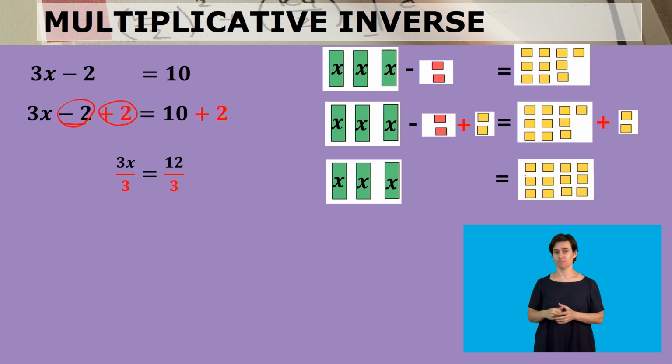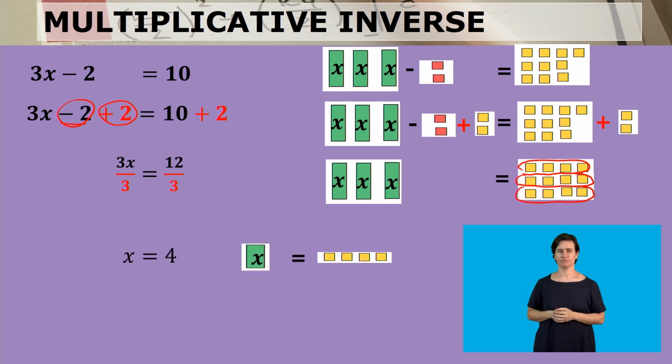When it says divide by 3, we look at the right-hand side and we need to make 3 sets. So we're going to make the first set and the second set and the third set. When we divide 3 by 3, we get 1, so our outcome is x. And when we divide 12 by 3, we get 4.